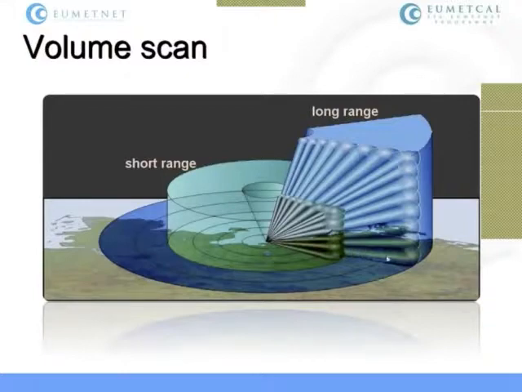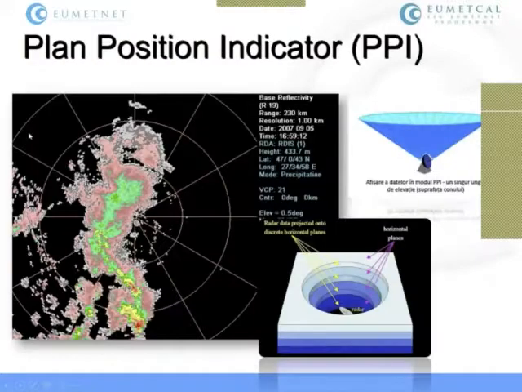If you see here the beams at different elevation angles, it rotates 360 degrees, and you have this volume scan, where you have three-dimensional information on the weather systems in the coverage area. Be aware of the cone of silence, because right over the location where the radar is installed, you would have no information.